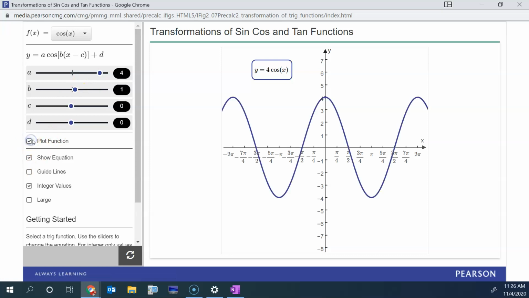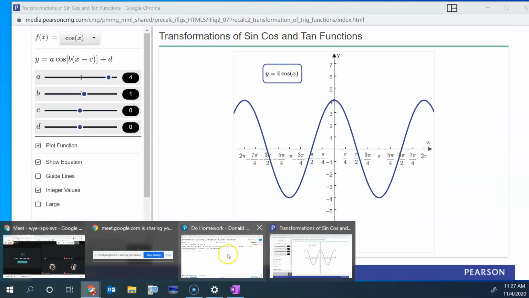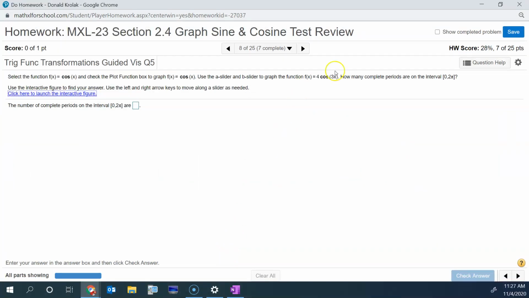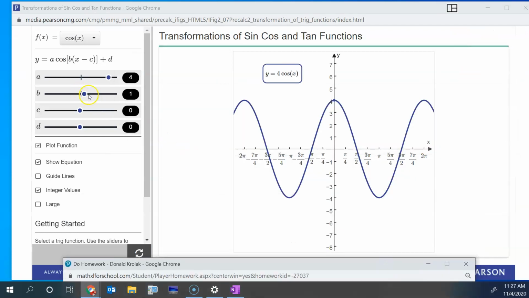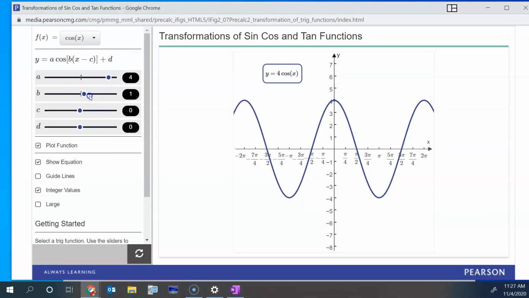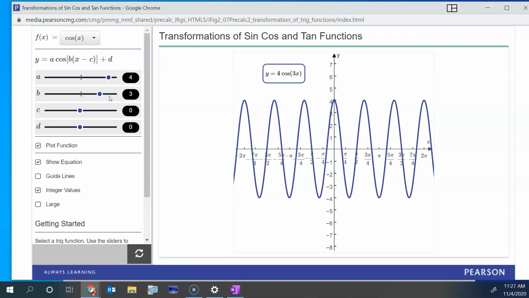Graph it. Right now, I see one cycle of cosine. Now I'm going to change the B value to 3. So that is going to horizontally squeeze it right there.